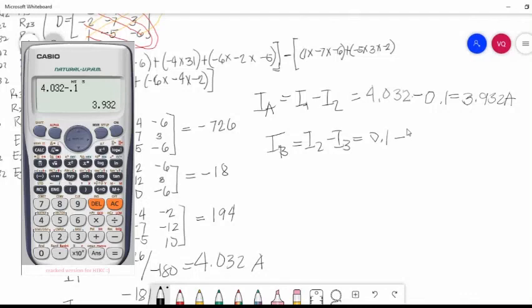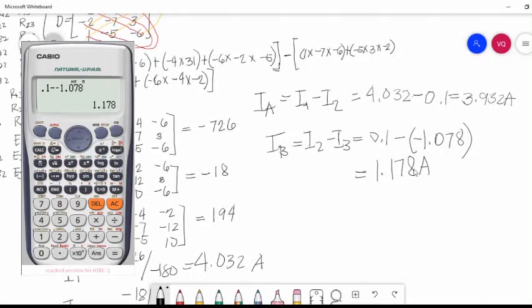I3 is equal to negative 1.078. So that is equal to 1.178 amperes.